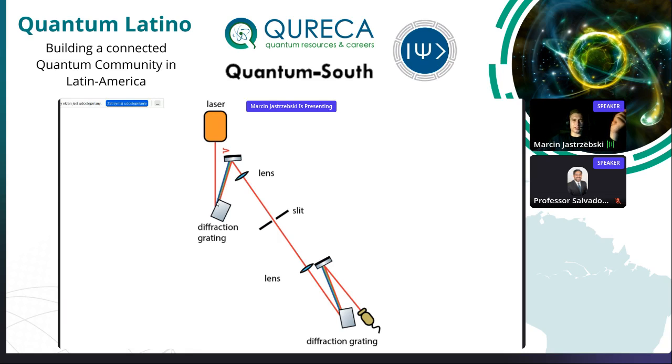As you may see, we are not using the first order diffraction, because you can have many orders of diffraction when you use a grating. The first order of the diffraction would go somewhere like here, but we had to use the second order so that the resolution is better and we can narrow the spectrum as much as we want to.